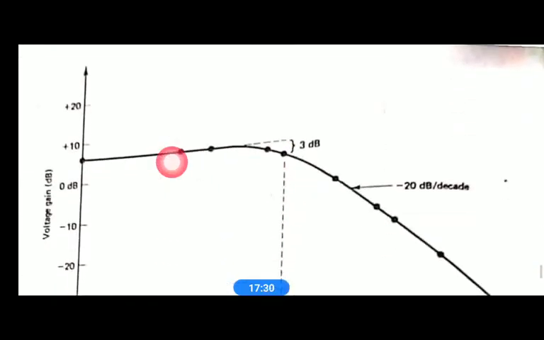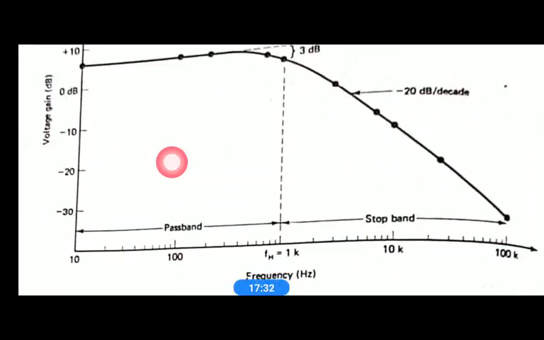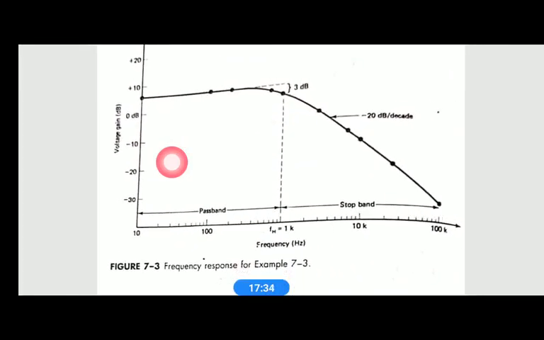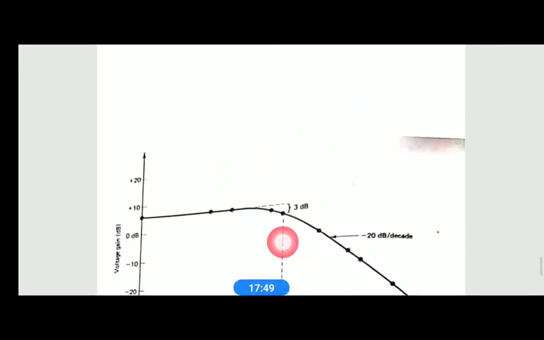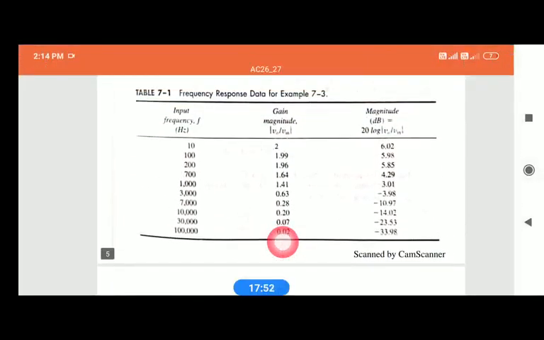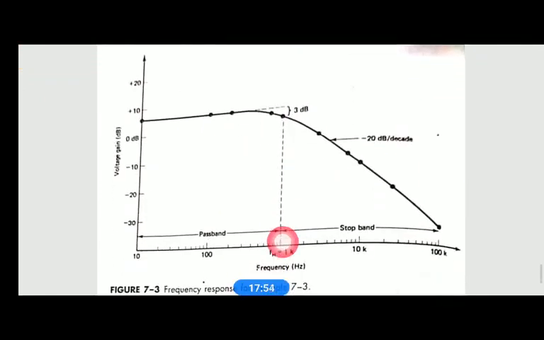For the above table, we draw the frequency response curve here. For 10 Hz we take approximately 6 dB. For 100 we take approximately the same, about 5.9. For 700 hertz it is a little reduced, about 4.5.